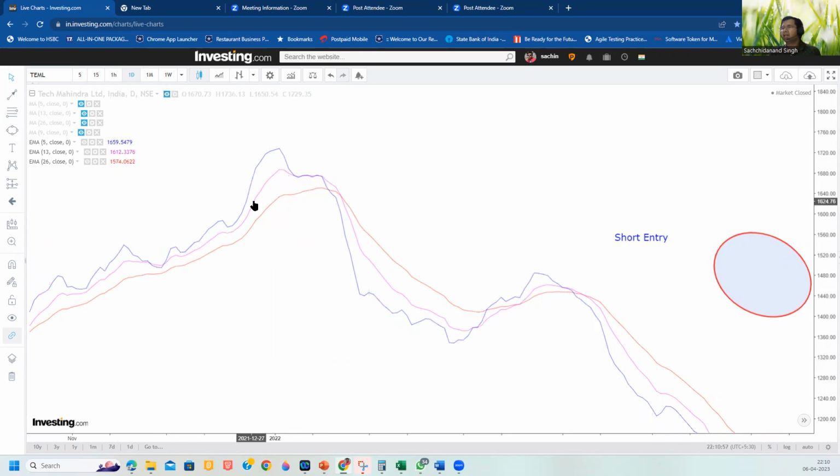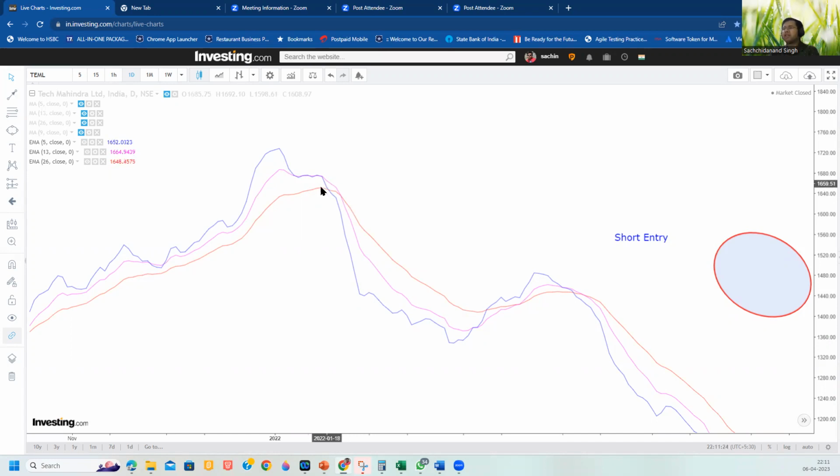To see the negative crossover, till this point EMA 5 was on the top, 13 in the middle and red at the bottom. Exactly at this point, the negative crossover starts. First 5 is crossing 13 and then 26, and later 13 is crossing 26. By this time, the complete trend reversal is happening.